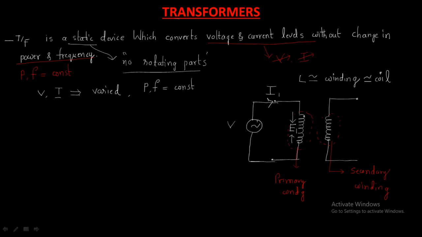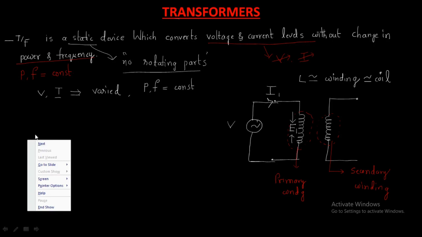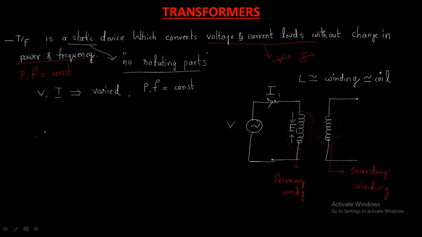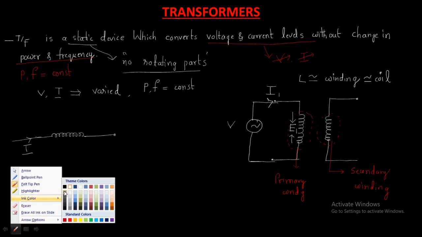An inductor has a property like this. Whenever some current flows through a coil or inductor, flux will automatically be produced.